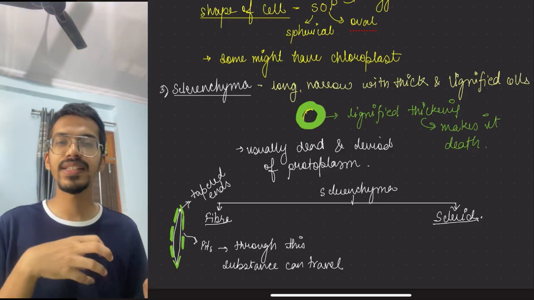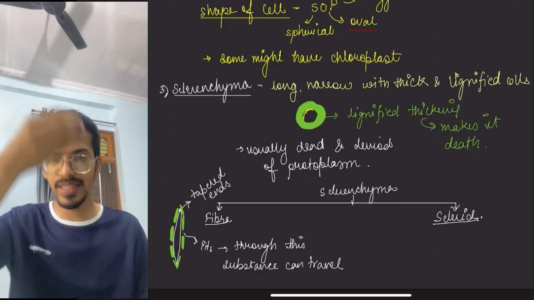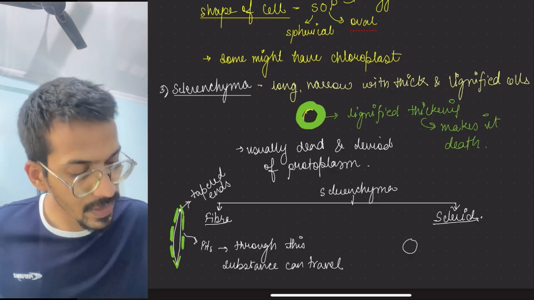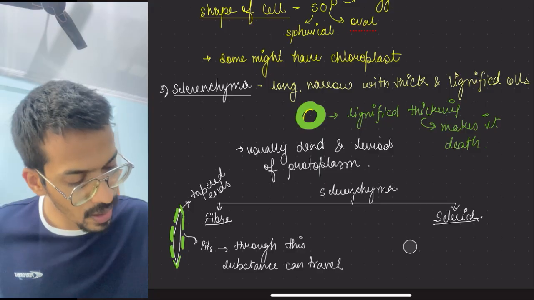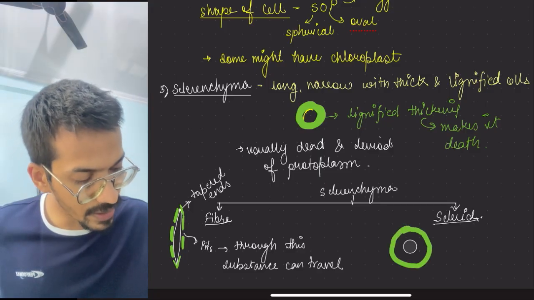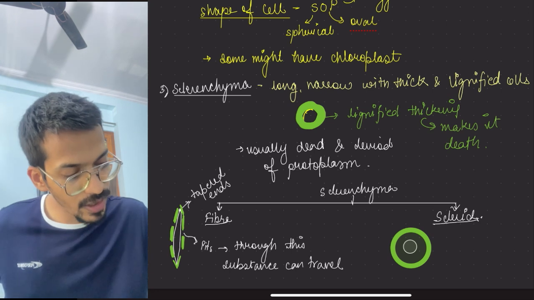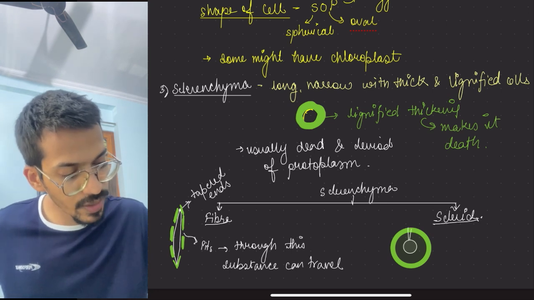And sclereids are circular in appearance and cylindrical in appearance. They have a small lumen like this, and around it a bigger thickening would be present. They will also be open, because there will be certain openings present. So it will be like this.